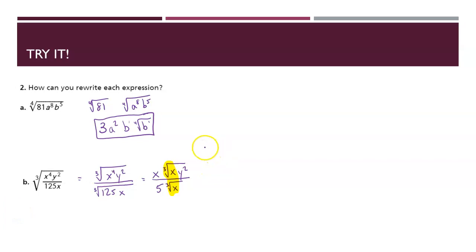If you wanted to see why, that would be the same as having x to the 1/3 power on top and x to the 1/3 power on the bottom, so those would cancel each other out. So our answer would simply be x times the cube root of y squared all over 5. If you ever have the same thing in the numerator and the denominator underneath the same identical roots, look to see if that can be reduced or canceled out to simplify that further.